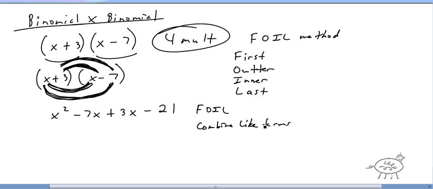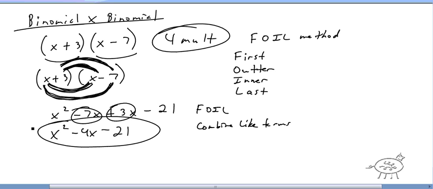And again, please make sure you leave it in descending order. Don't leave it any other way, because if you do, you're going to lose a point off of that. So we get x squared. Here's our like terms. It's negative 7x plus 3x is negative 4x minus 21. And that's our final answer.